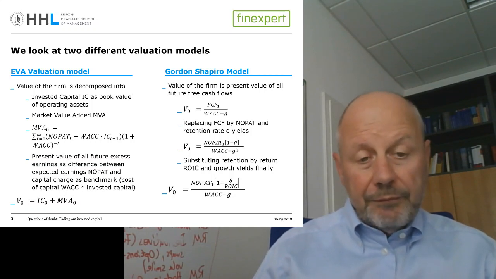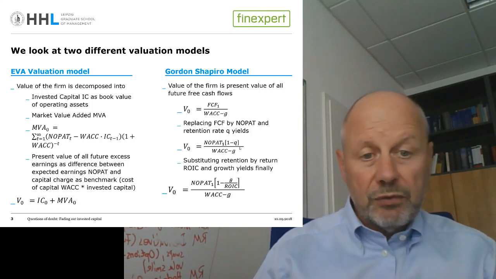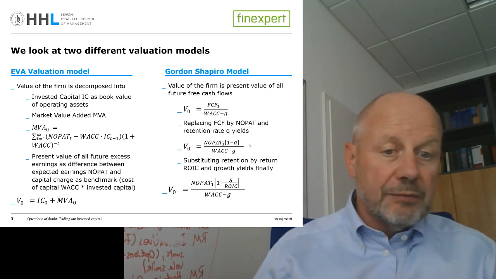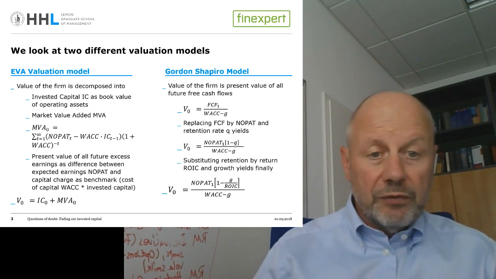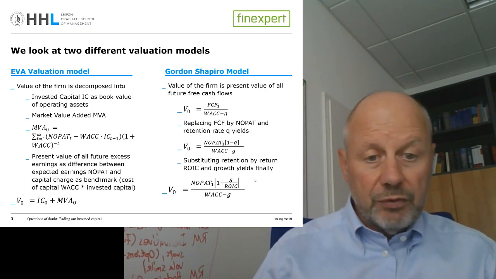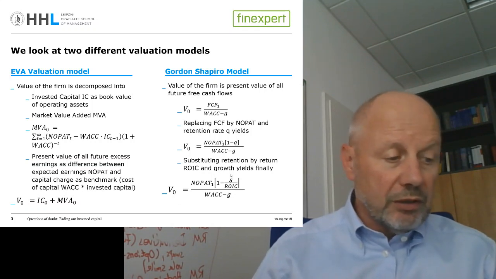And finally, remember our question of doubt video where we introduced the Gordon-Shapiro model: we can decompose growth into a combination of retention times return. Substituting the retention rate by g over the rate of return on our operating assets, we get the final version of the Gordon-Shapiro model.